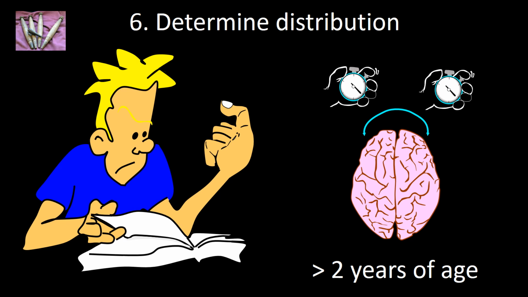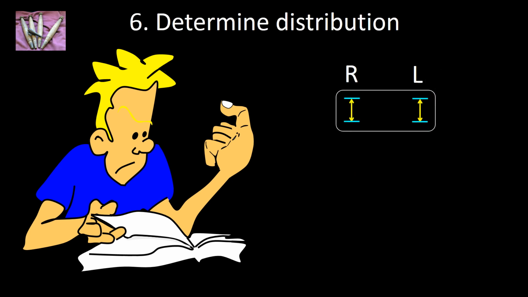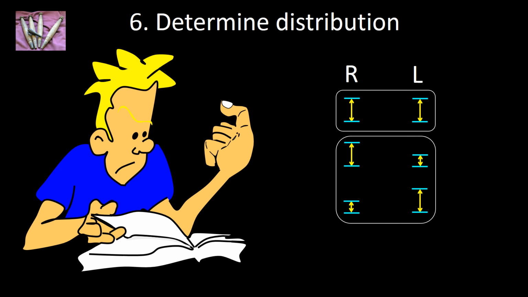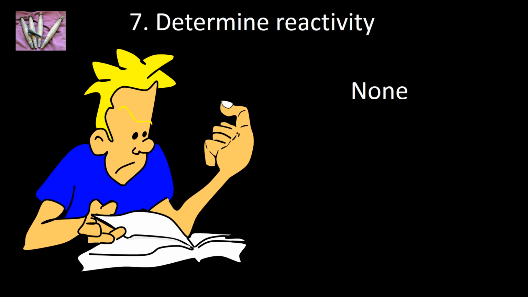Before that, they may be asynchronous. They are usually symmetrical, and at most they may have alternating asymmetries, but it's usually relatively minor. They do not have any reactivity.